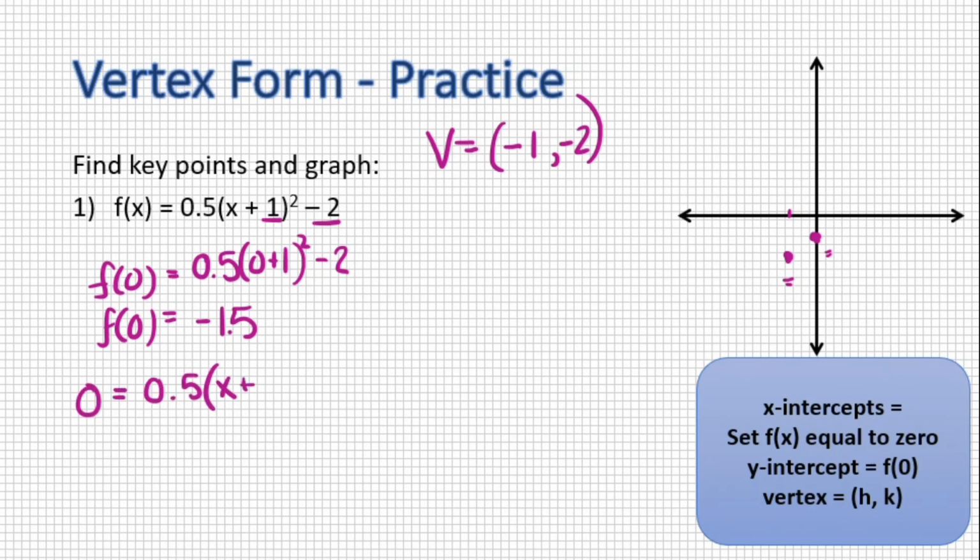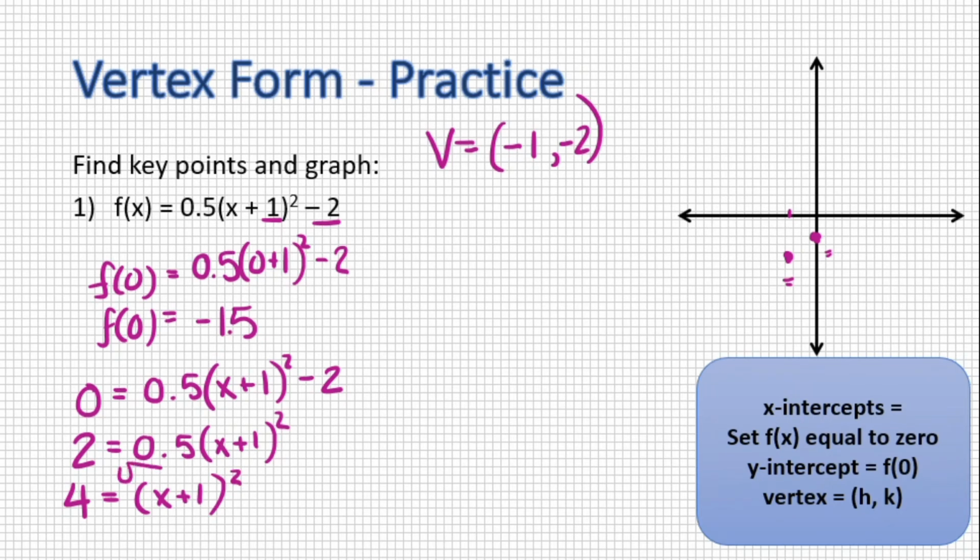So changing f of x to 0, the 2 goes to the other side. I divide both sides by 0.5. I take the root of both sides, so I get plus or minus 2 equals x plus 1.